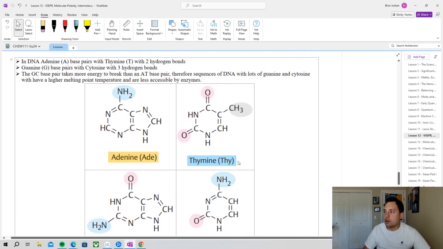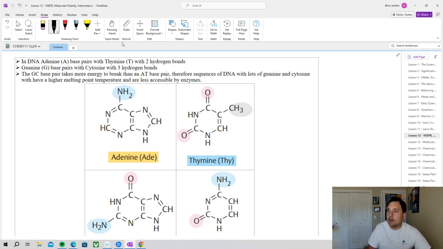So let's look at how we can recognize where a hydrogen bond might occur. Well, we have to add in some lone pairs, because when I pulled this image from the book, it didn't have the lone pairs here. So let's go ahead and add those. And then some of the bonds aren't shown.